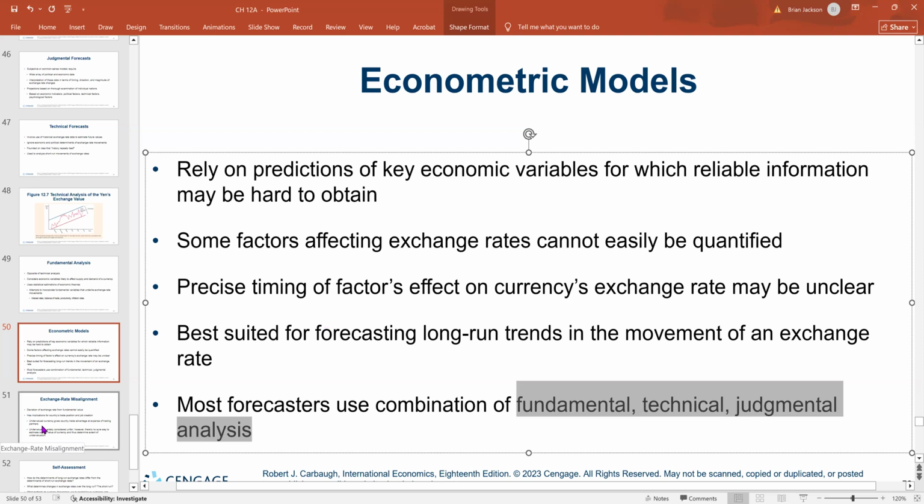For our class and for our purposes, we won't be doing any econometrics. But I just want you to know what the term is and so forth. It's using statistical methods on previous movements, so that would be using technical analysis, and on using other contemporaneous factors, that would be fundamental analysis, and judgmental analysis to predict where exchange rates are going to go in the future.